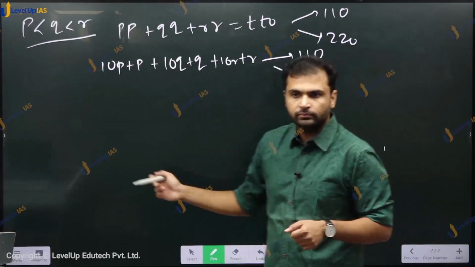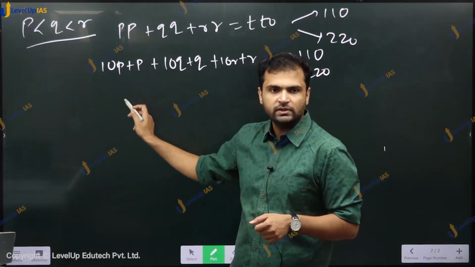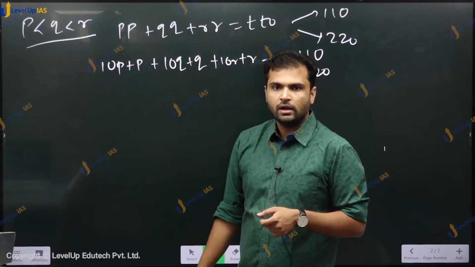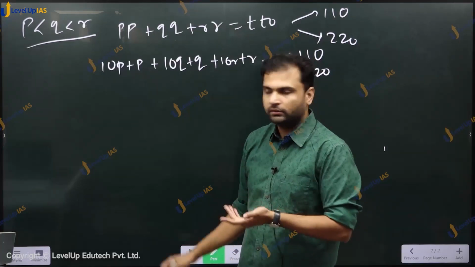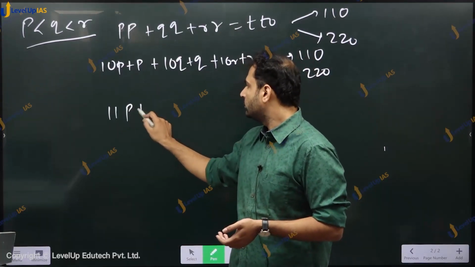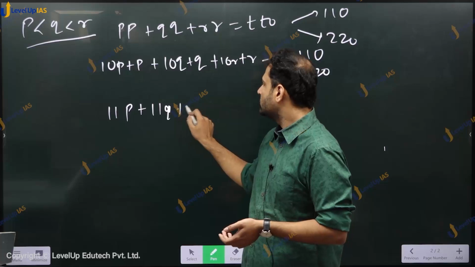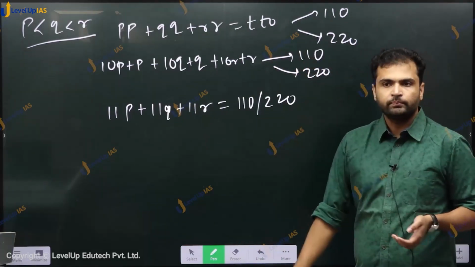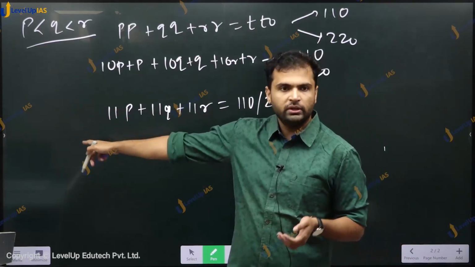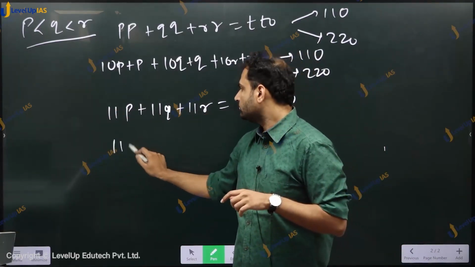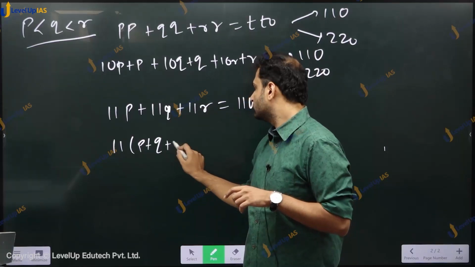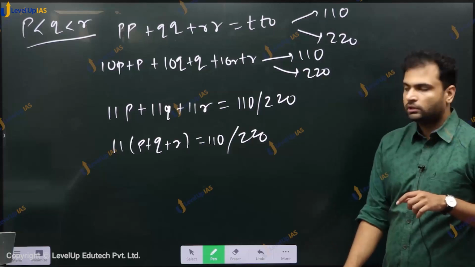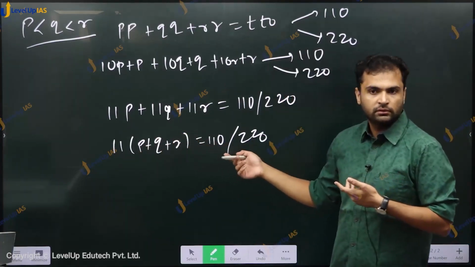Now, what is this sum? 10p plus p is 11p. So 11p plus 11q plus 11r is equal to 110 or 220. Now I can take 11 common, or divide by 11 on both sides.